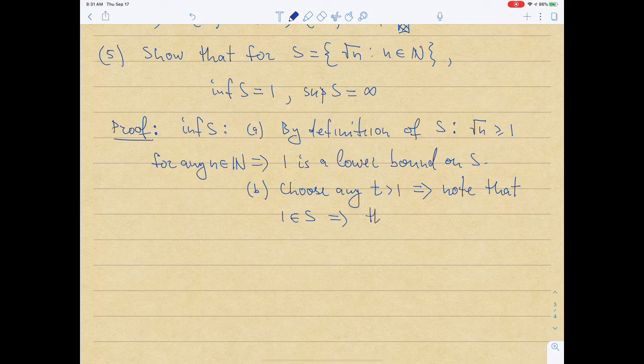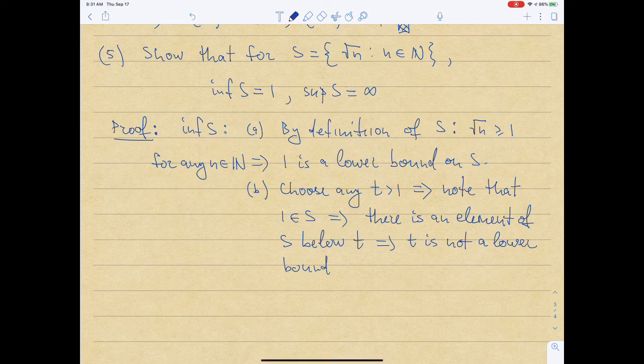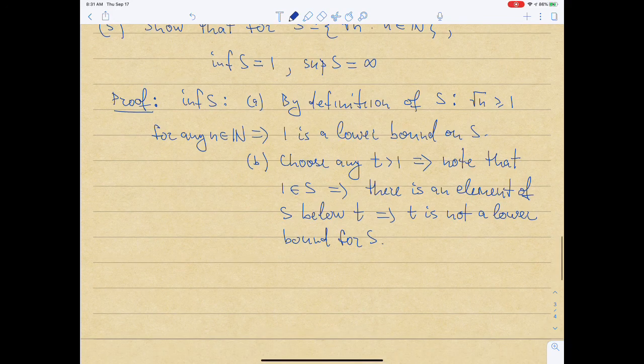so therefore there is an element of S below t. And so therefore t is not a lower bound for S. And so therefore any number greater than 1 is not a lower bound. 1 itself is a lower bound.